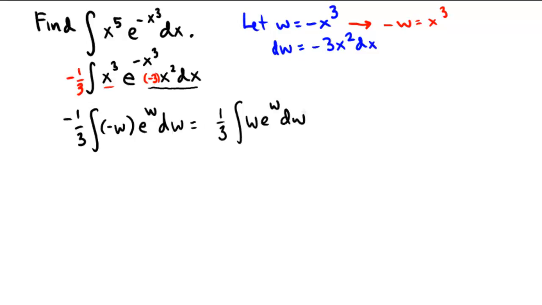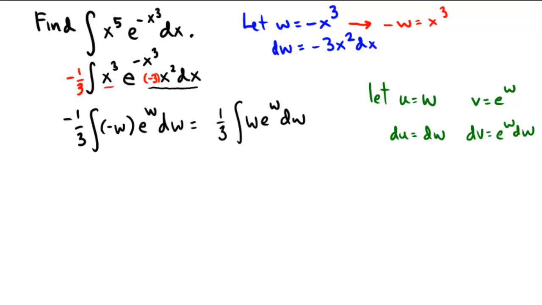Okay, now in this form, we're now ready to do our integration by parts. So now I'm going to choose to let u be w, and let dv be e to the w dw. Because if we do this, then u being w means that du is dw, and dv being e to the w dw means that v is just e to the w.